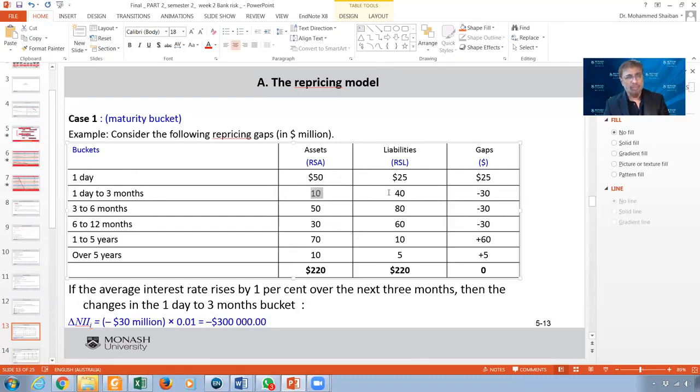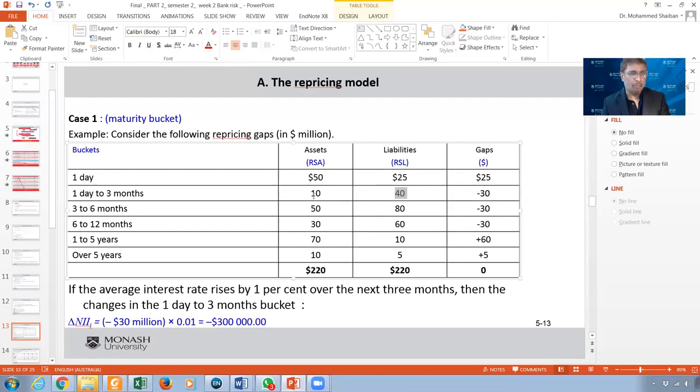This will mature in 3 months, this will mature in 3 months, which means this risk sensitive liabilities, 40 million or 40,000 or whatever, will go out of my liabilities, which means now I have minus 30.